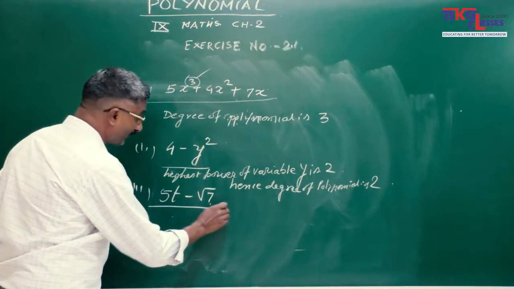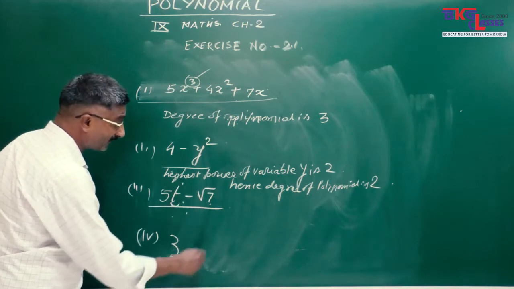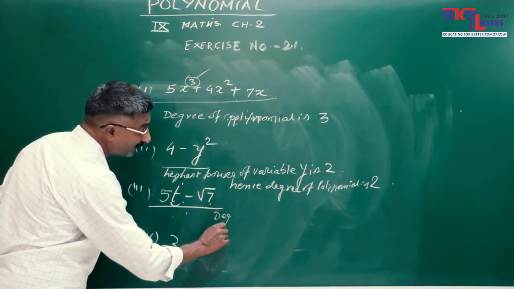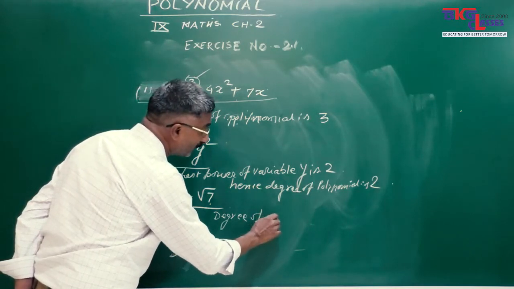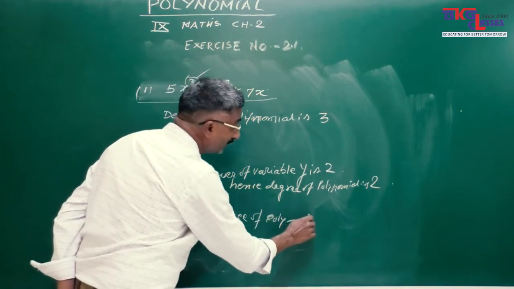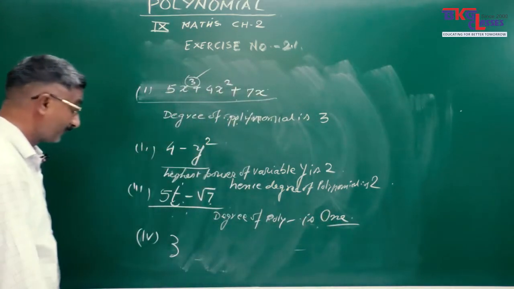Here the variable is t, highest power is 1. So the degree of polynomial is 1, single degree.